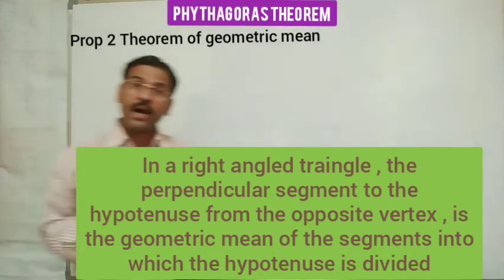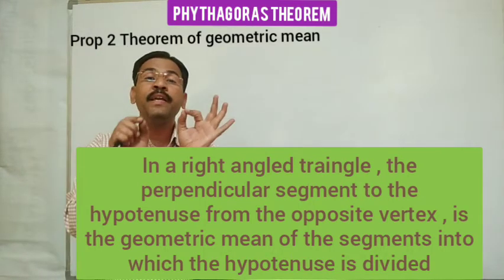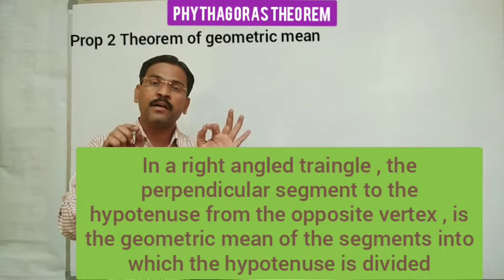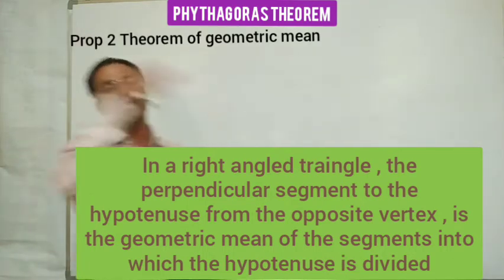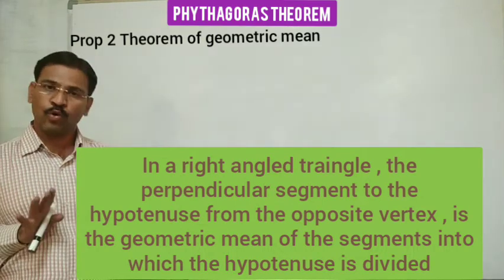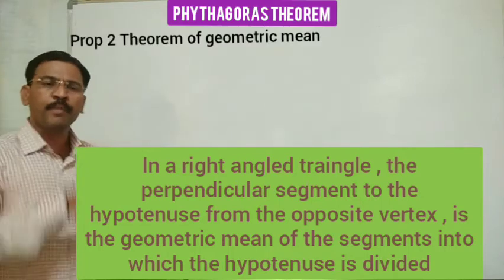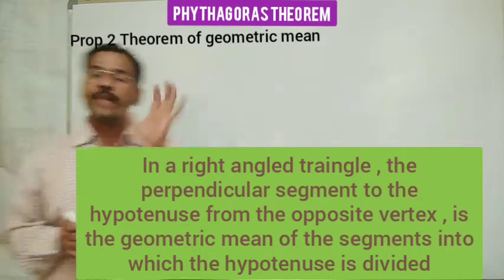But algebra, how to apply in geometry? Both are very similar. So many times in geometry we have to apply algebra, and in algebra we have to apply geometry. That means we should know both here. See how? In the geometric mean theorem, what does it tell us? First I will state the statement.